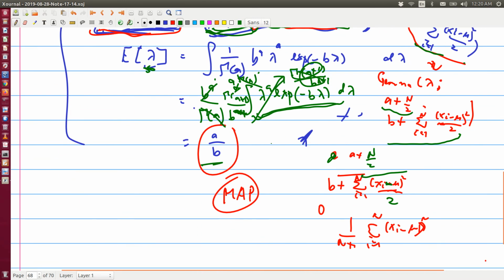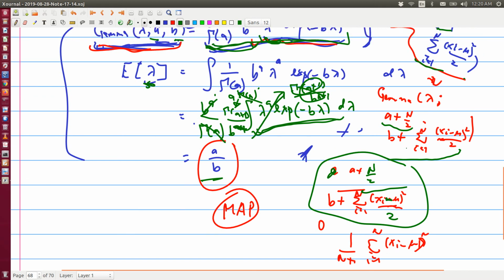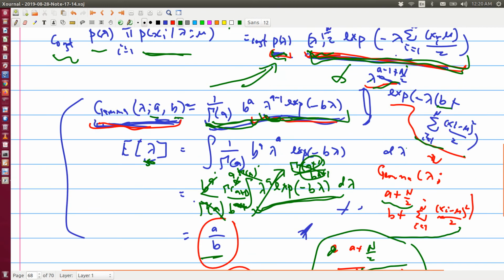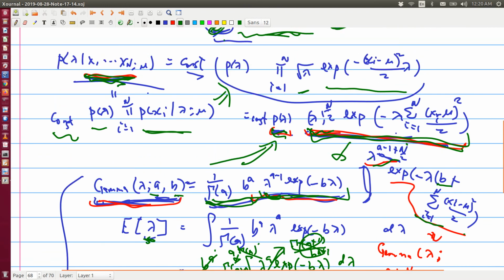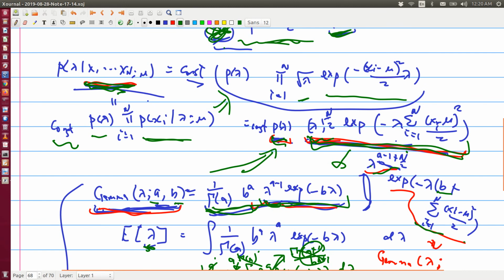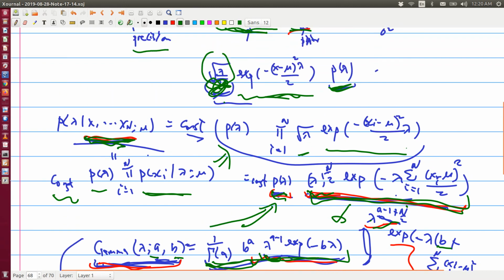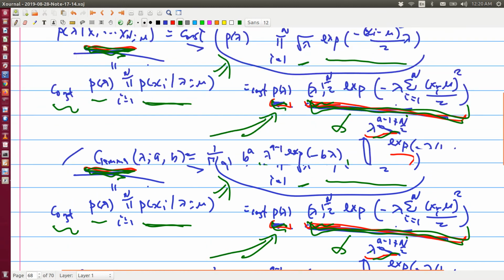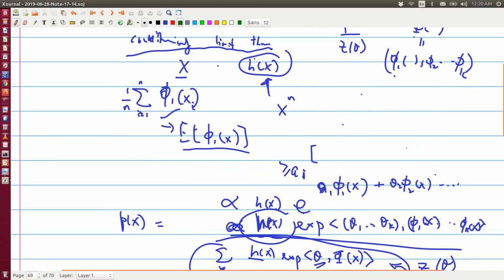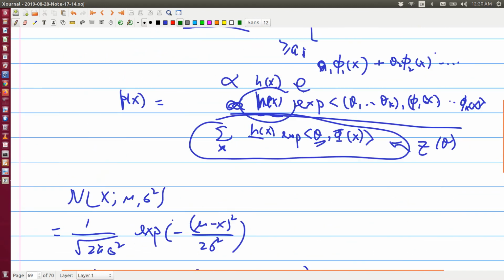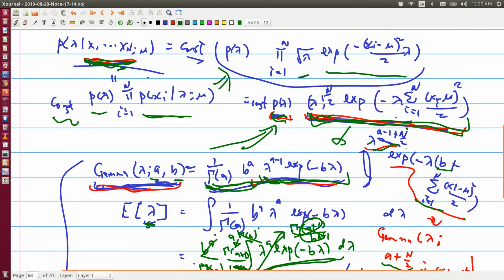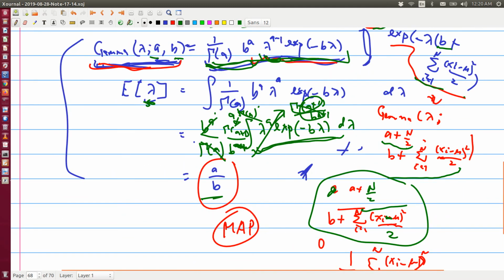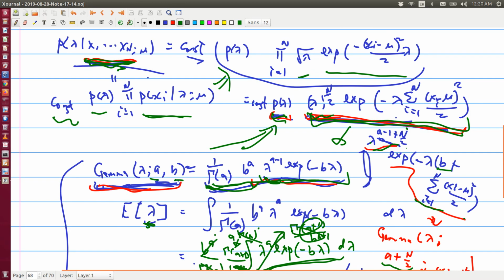But anyway, that's the result in general if we're trying to estimate lambda with the gamma prior and a Gaussian distribution with fixed mean. So okay, I guess I can stop here actually.